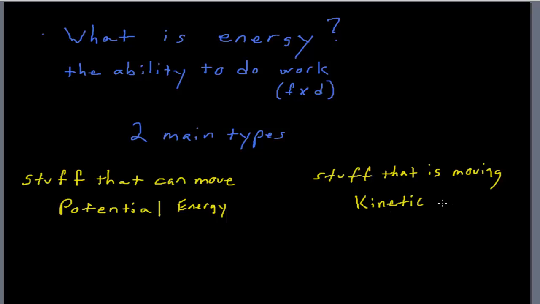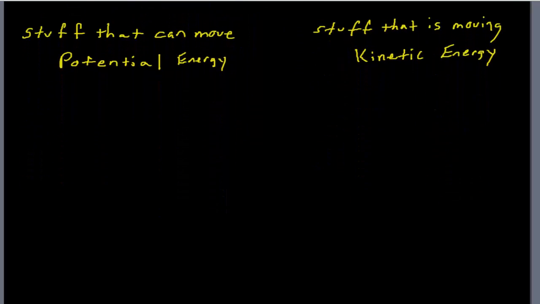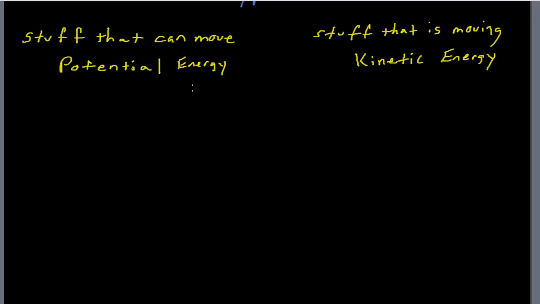And kinetic energy is stuff that is moving. Now, any object with energy has either kinetic or potential energy or some combination of the two. The potential energy plus the kinetic energy of an object is the total energy.